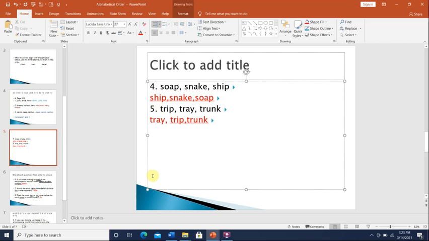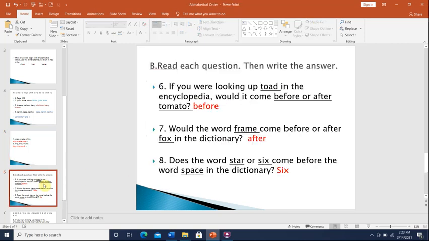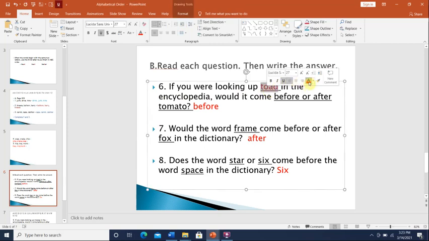Okay, at the bottom is a little bit different. It says here, number 6, if you were looking up the word toad, if you're using an encyclopedia, would it come before or after tomato? So if I'm looking for the word toad in an encyclopedia, would I find it before or after tomato?